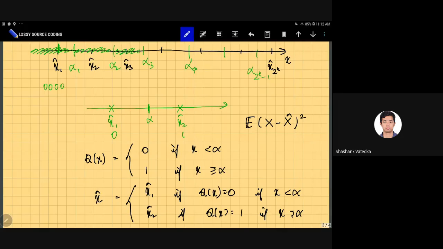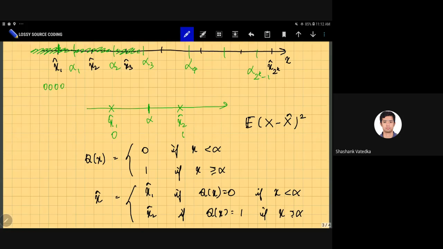In the first case, you fix k and you design the quantizer so as to minimize the mean squared error. Or alternatively, you could fix the tolerable mean squared error or the tolerable distortion, and then based on that try to minimize k. Right? So both of them are two different optimization problems that one can solve.